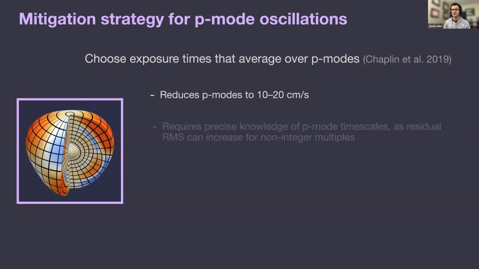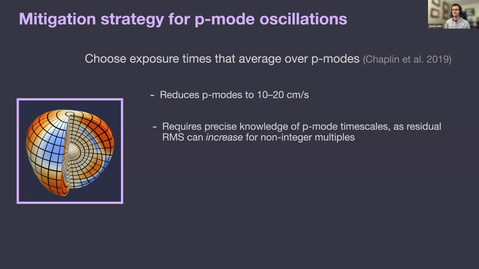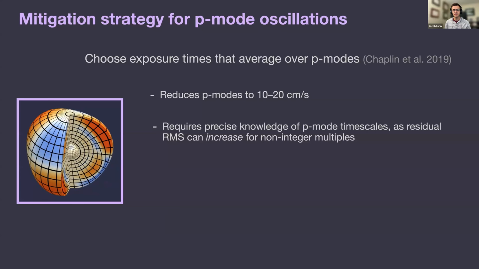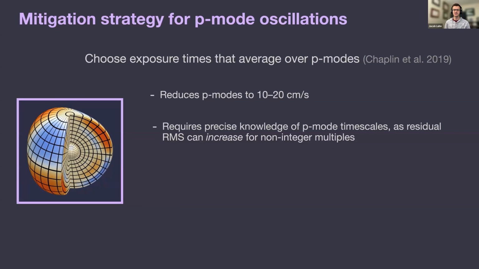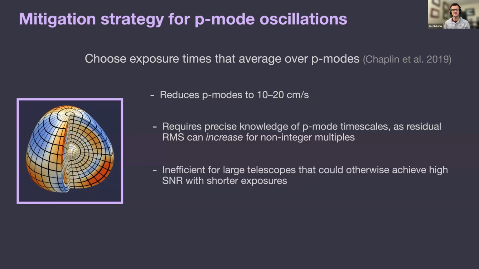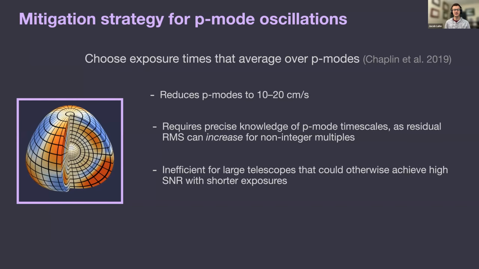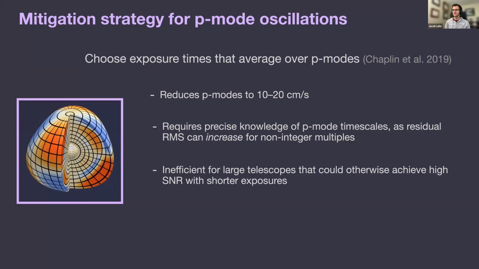But a downside here is that this requires a precise knowledge of the p-mode timescales ahead of time, as an incorrect exposure binning can actually increase your RMS, and this is especially problematic if you end up hitting somewhere between 1 to 2 p-mode timescales. Additionally, this method is inefficient for larger telescopes that end up spending a lot of time reading out rather than exposing.